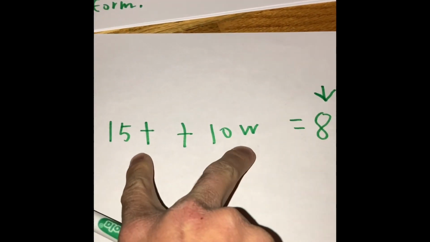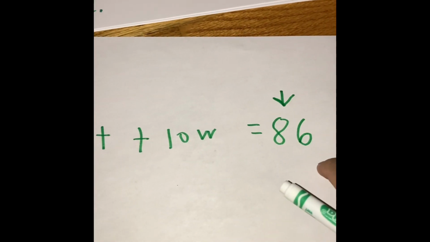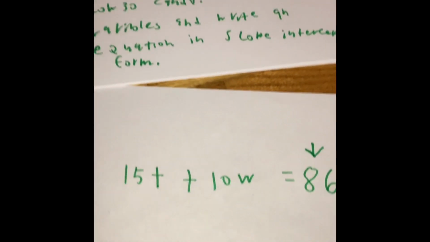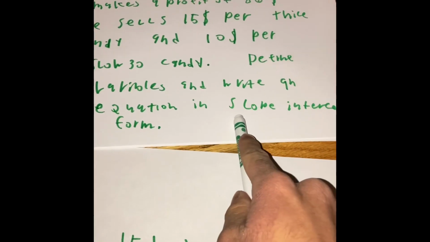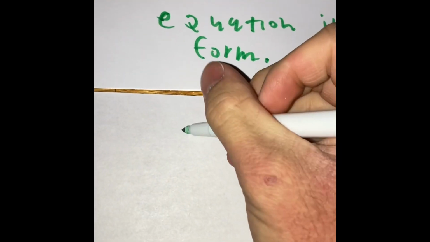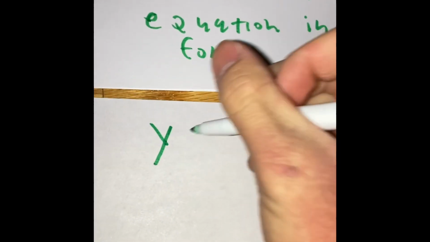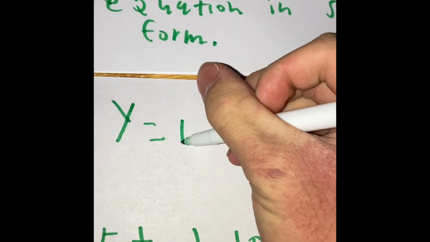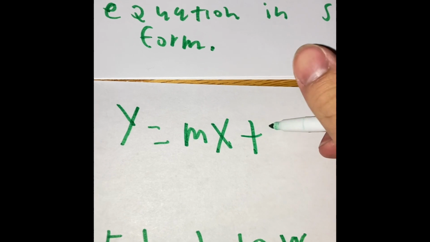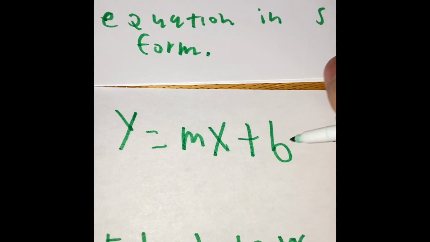But we have two variables that equal a number. This is really hard to simplify. So that's why we want to turn it into slope-intercept form. Remember, slope-intercept form is an isolated y equals mx, which is the slope, added to our starting position, or b.